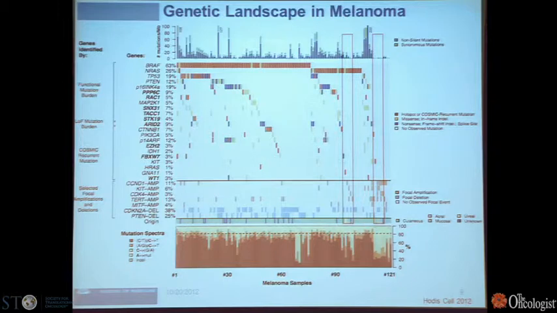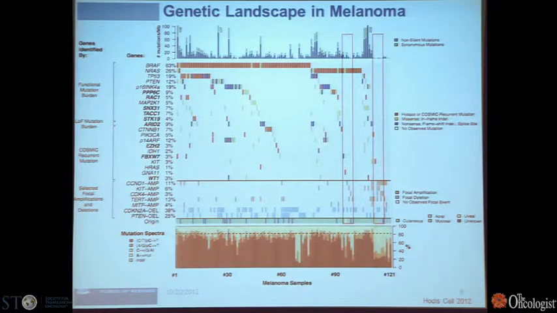The other important finding is that melanomas of unknown primary, i.e. melanomas that we do not know where they come from, look in a mutation profile similar to cutaneous melanomas. So it's very safe to say that a person who presents with a melanoma of unknown primary probably had a primary melanoma in the skin that for some reason disappeared from the body.